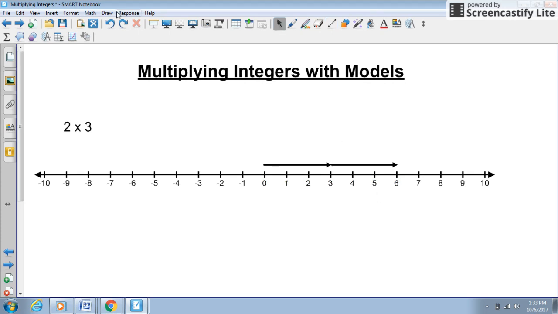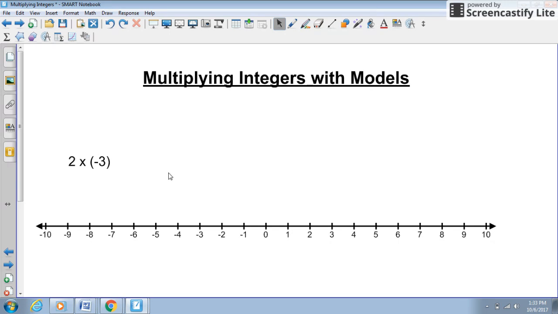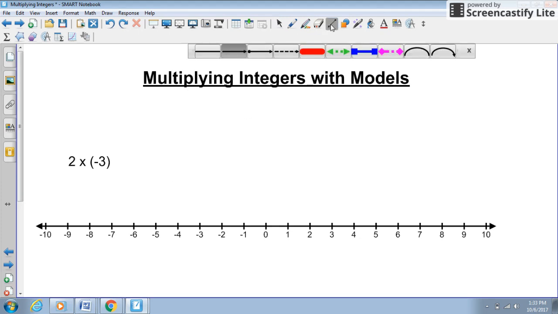Alright, you're going to do this next one on your paper. Now we're going to model 2 times -3. Well, my positive one is the number of groups I have. And I'm going to model 2 groups of -3. So, again, I'm going to start at 0, but this time I'm going to the left because I have a -3 in there.